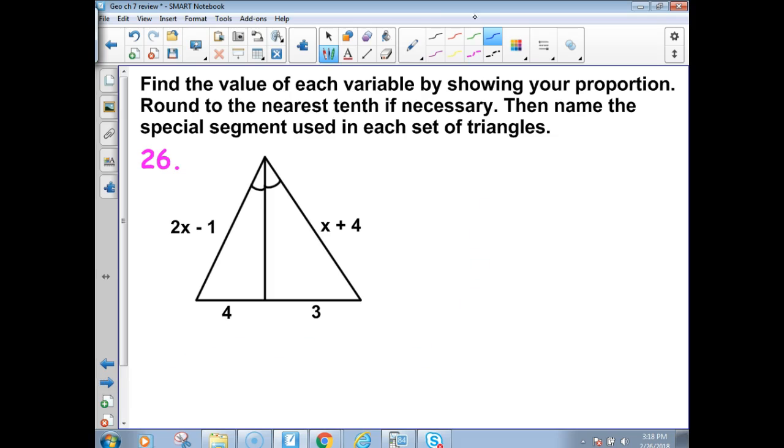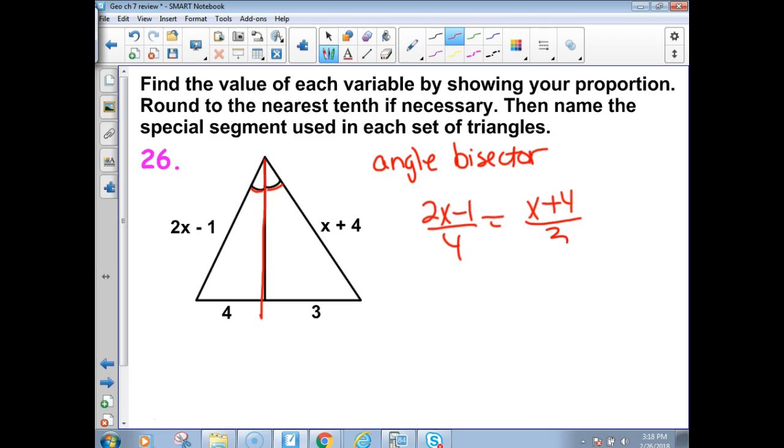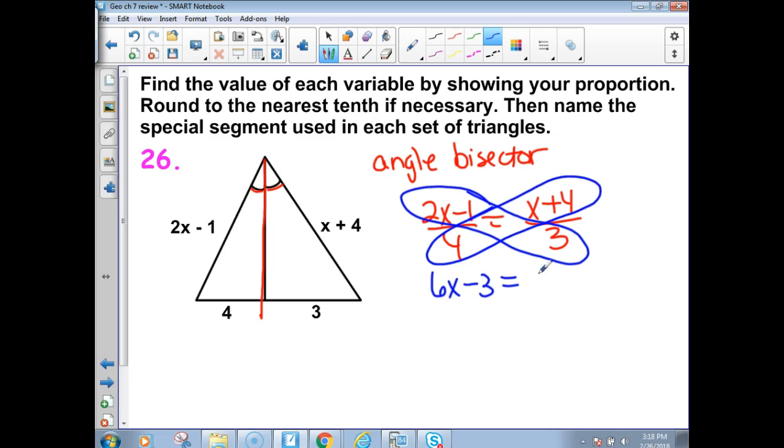26. Oh, that one's all ready to go. But what is this thing? Angle bisector. Okay, so you're going to have to name it, and then set up a proportion, and then correctly solve it. So let's go 2x minus 1 times 3 gives me 6x minus 3. 4 times x plus 4 is 4x plus 16.